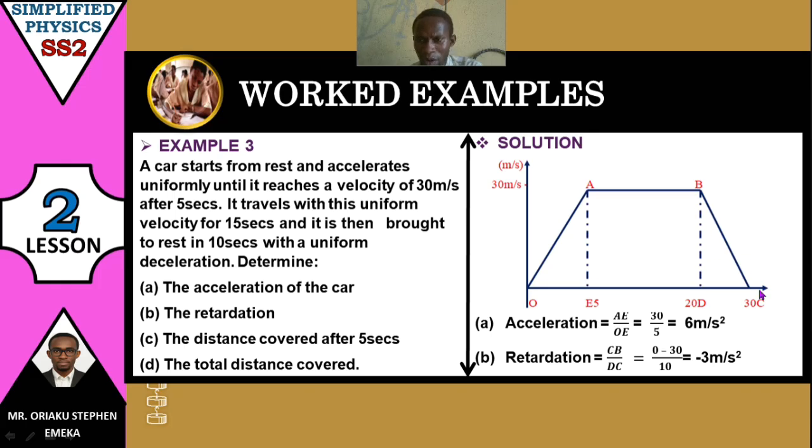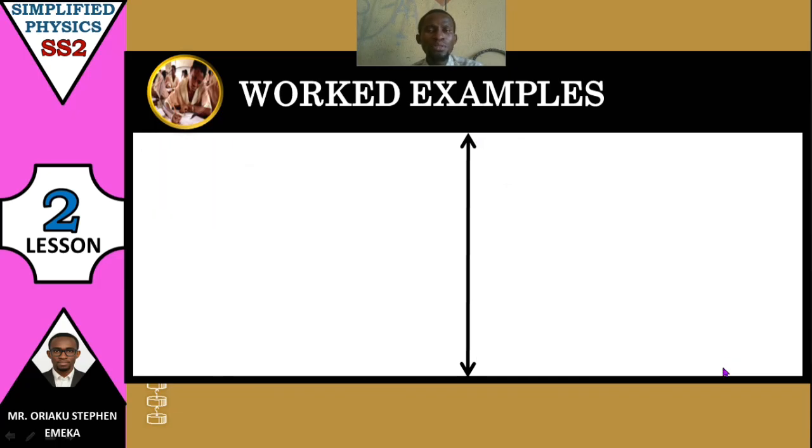So retardation is this place, the slope of this place, so that is CB over DC. So this is going to give us 0 minus 30 over 10, which will give us minus 3 meters per second squared. So let's talk about the distance it covers after 5 seconds.